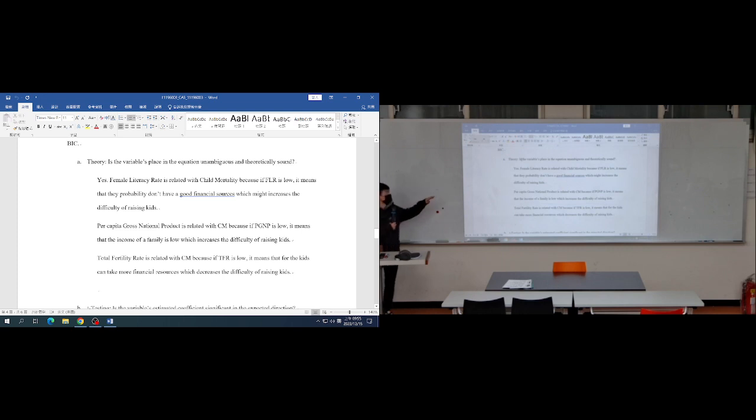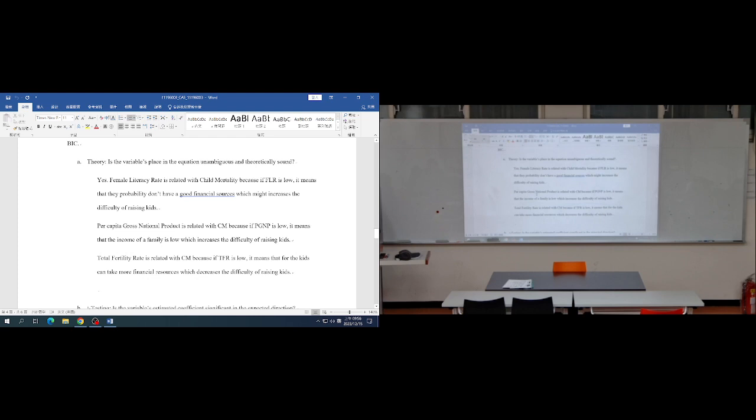The question you have to ask yourself is, are the variables placed in the equation unambiguous and theoretically sound? And the answer in this case is yes. FLR is related to CM because if FLR is low, it probably means they don't have good financial sources, which might increase the difficulty of raising a kid. So that's why it's negative.